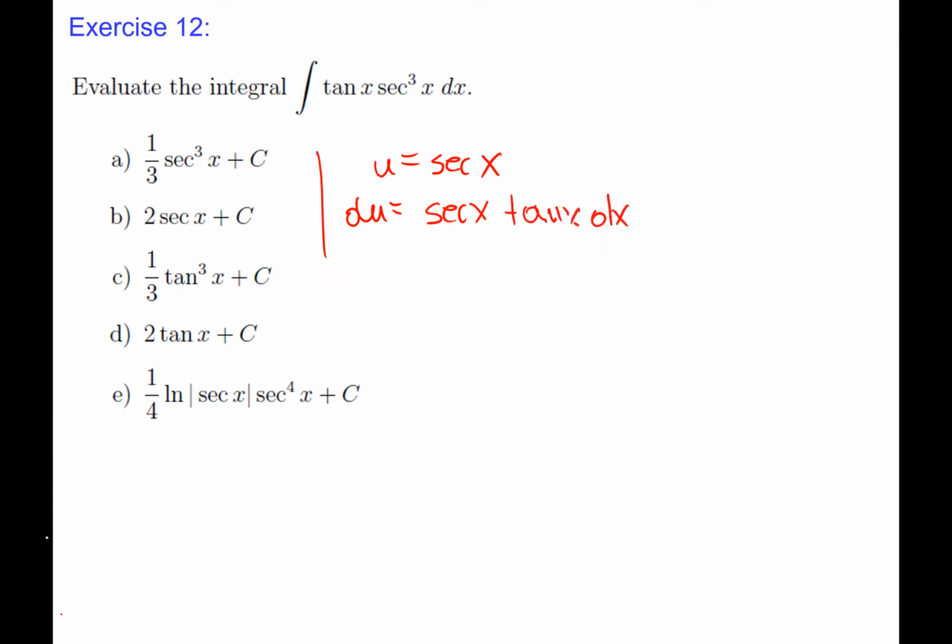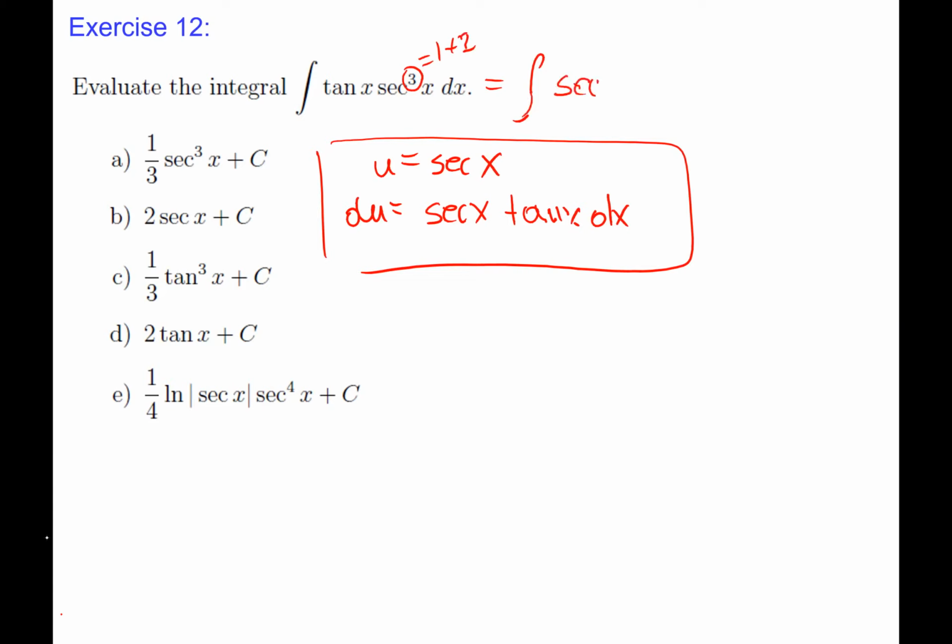That means what I need? I have to pull 1 secant and the remaining will be 2. Okay, which this will be secant square of x, and I have my single secant and my single tangent because it was sitting. Actually perfect.